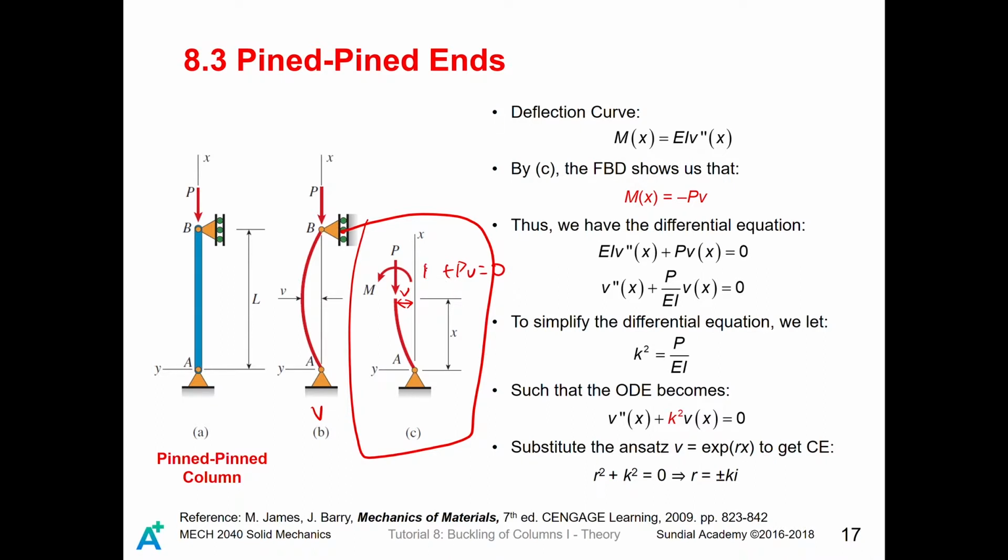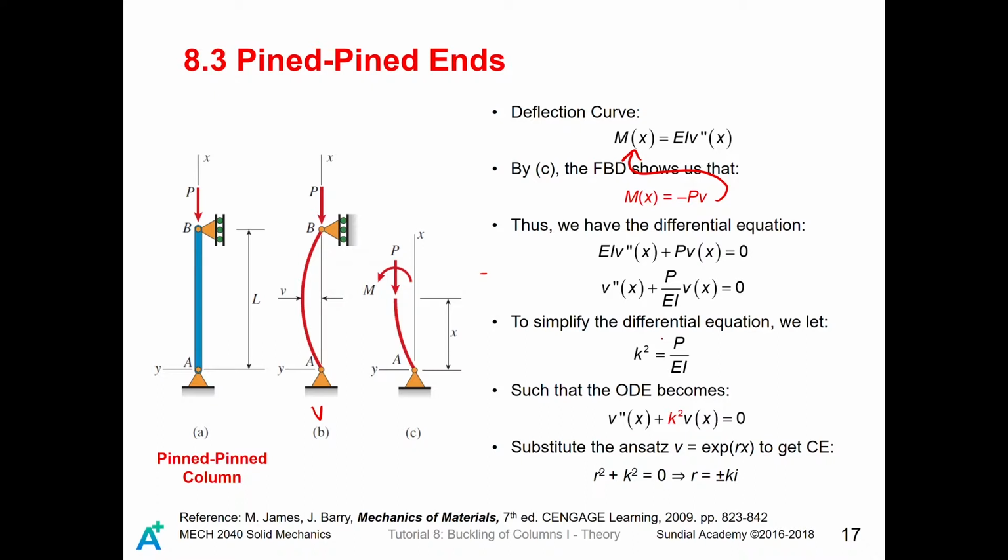Let me write clearer: M plus PV equals 0 due to statics, and you get M equals minus PV. Then it becomes purely mathematical. You put minus PV into here, and the differential equation becomes EI V double prime plus PV equals 0, that is, V double prime plus P divided by EI, V equals 0.